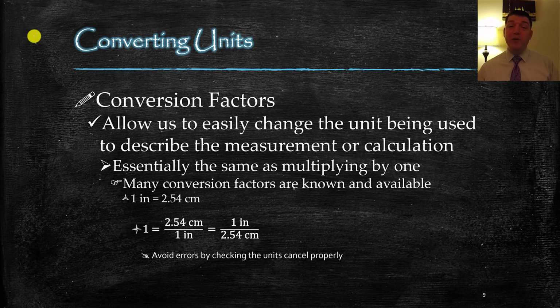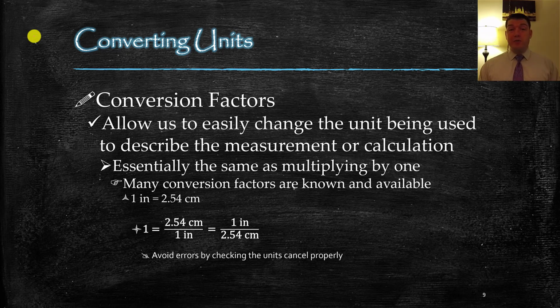And that's why every conversion factor actually has two uses. It allows you to convert from the numerator to the denominator and vice versa. So when you know the relationship between feet and inches, or the relationship between yards and miles, those are just relationships that allow you to convert between miles and yards or yards and miles. One of the keys to using these methods correctly is to make sure that you line up your units correctly. And that's going to be important when we go through some examples in a little bit.